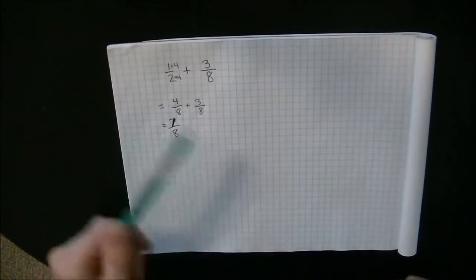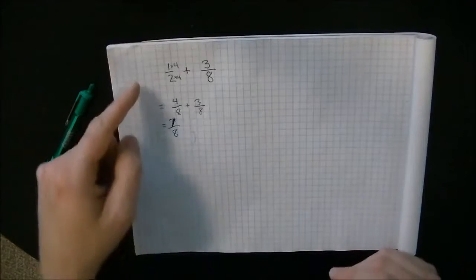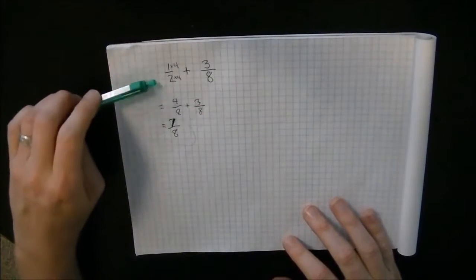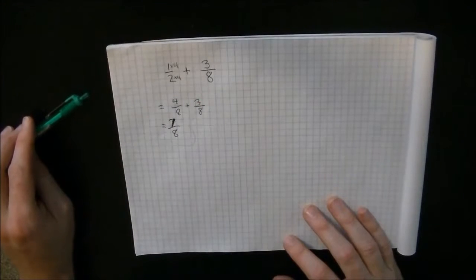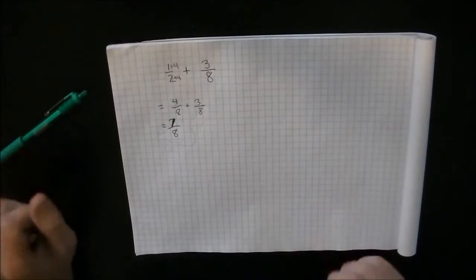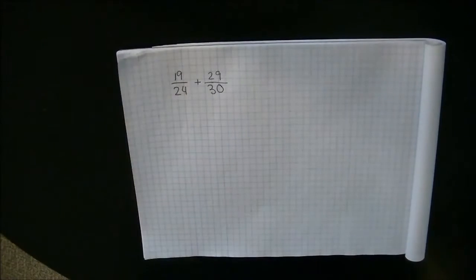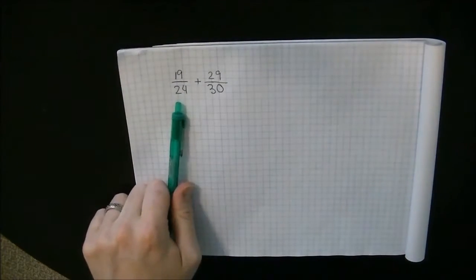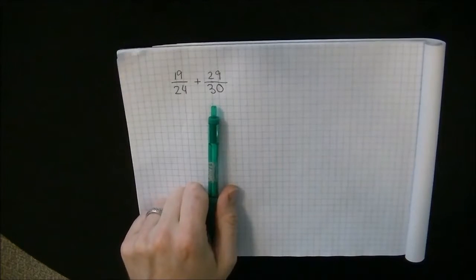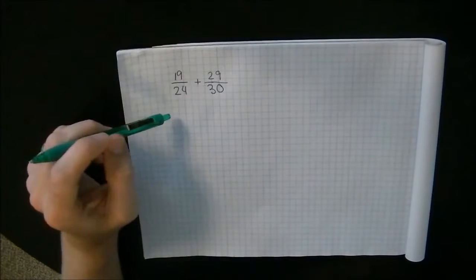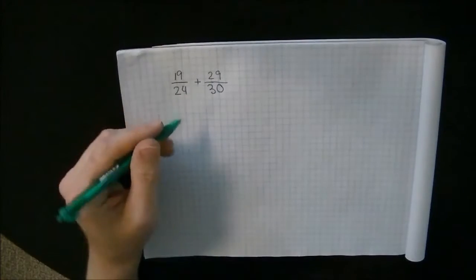Okay, so sometimes you don't have to do the multiplying both denominators together. Sometimes you can just find one, and that will work. I'll show you another example. Okay, here we have 24 as a denominator and 30 as a denominator. If I want to add 19/24 and 29/30, I need to find a common denominator.